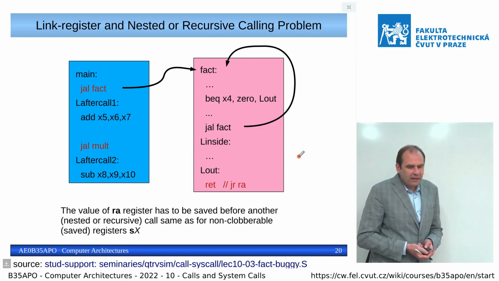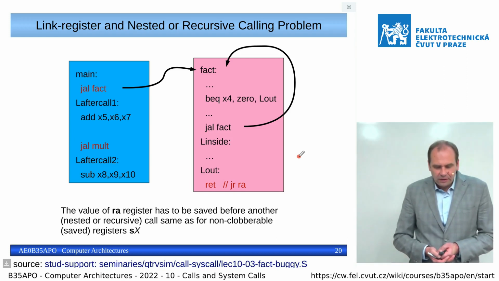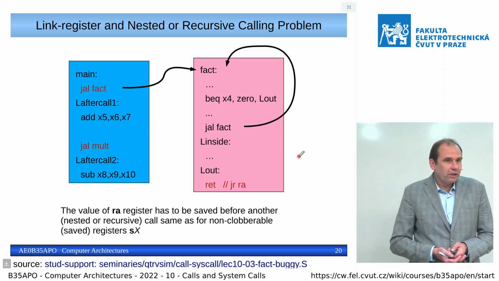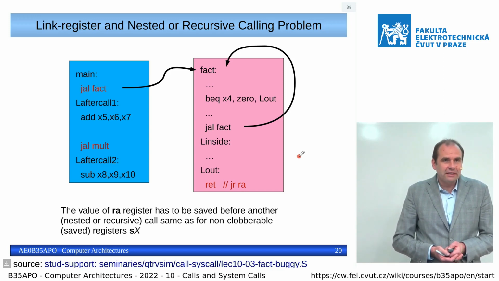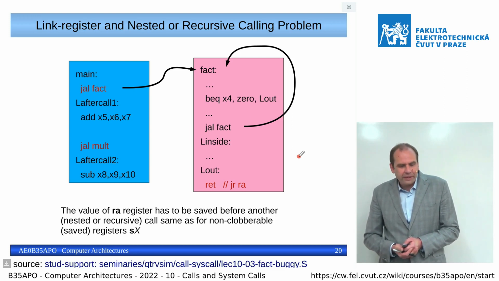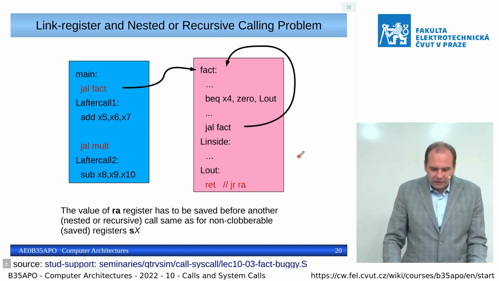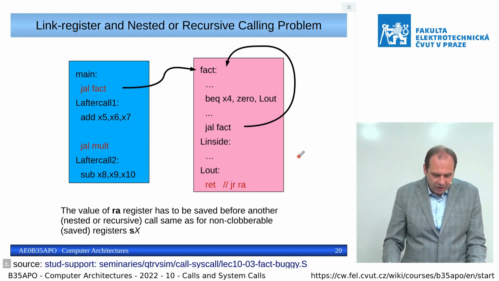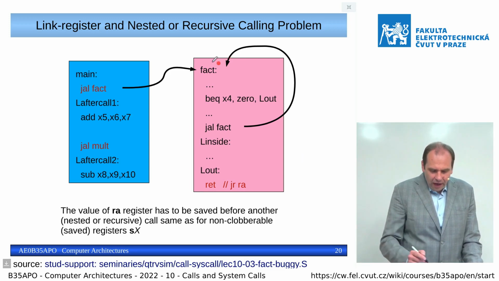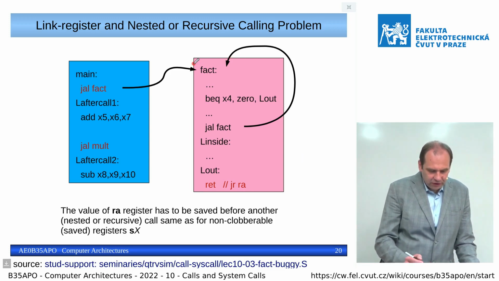Now we try to look at the factorial function. Factorial function can be implemented easily in a non-recursive way, but for our case, to understand how it works, with the recursive implementation, we define that our implementation will be recursive.